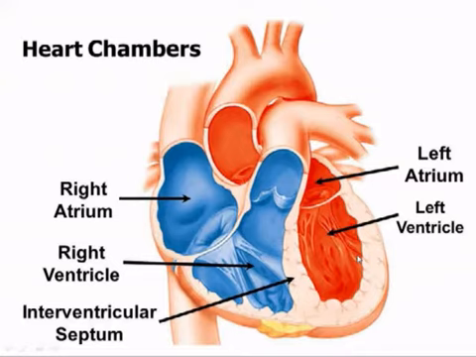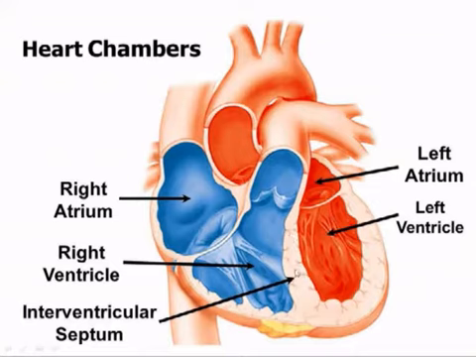And if you look at these four chambers, we can say that the left side as well as the right side of the heart are separated by a muscular wall of tissue. This muscular wall of tissue is separating the right side and the left side of your heart. And this thick muscular wall, we call the auriculoventricular septum of our heart.